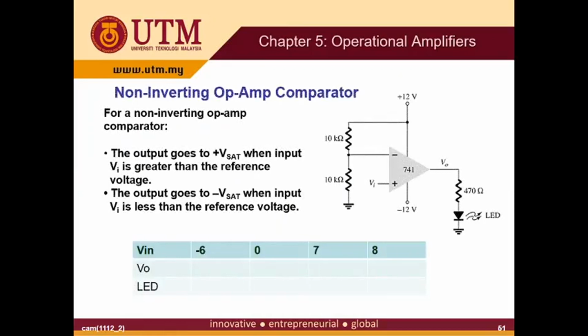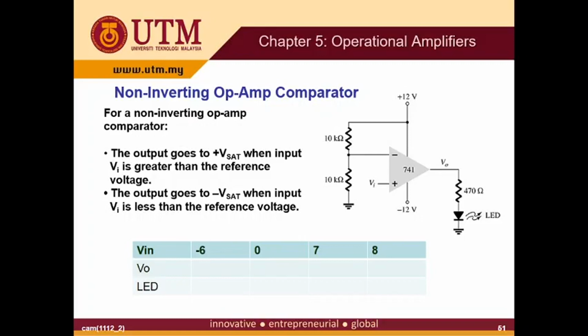Okay, we go to the next example. In the previous example, we supplied a fixed DC value to one of the inputs, 6 volt. Another way to supply a reference voltage is by having a voltage divider.